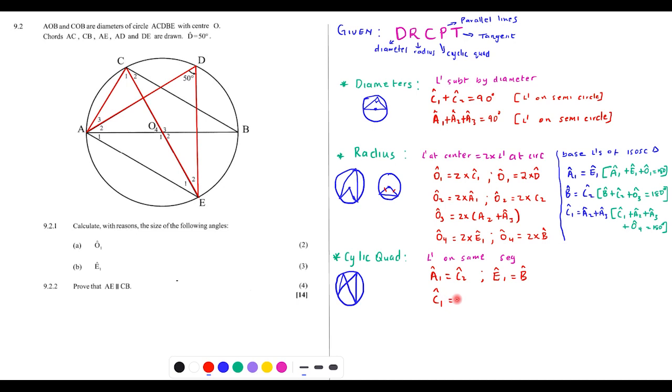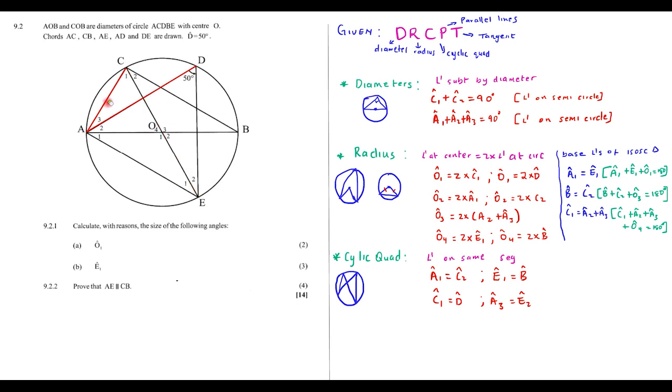We can also see that A3 is equal to E2, like that. All right, so let's see if there's any other for the cyclic quad. And so let's erase that and go to the next part.